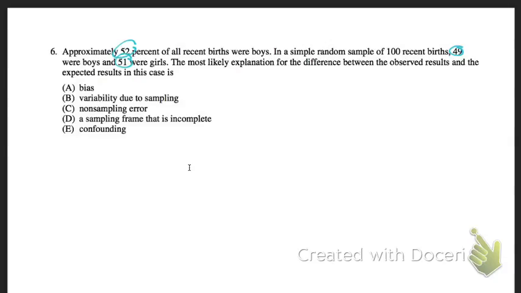Or I guess it would be proportion. There isn't necessarily a cutoff. It depends on the p-value. And it doesn't want you to do any math in this problem. It wants you to know that if it's pretty close to it, then it's going to be because of sampling variability. And if it's far enough away, then that gives me reason to reject. But it'll always be a number super close if it's a question like this.